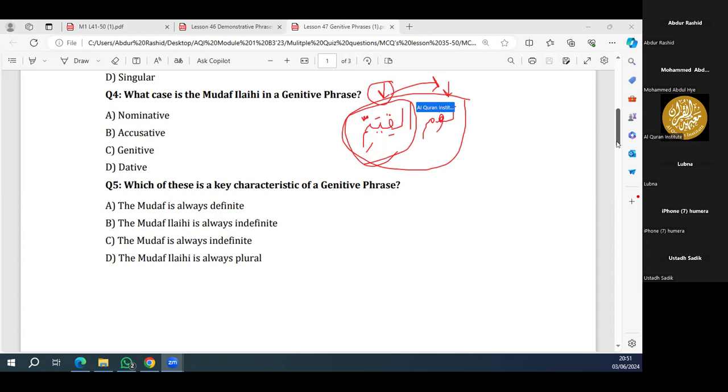But Yawma is not an indefinite noun here, am I right? For some other grammatical reason, it is Yawma here. So this is not definite. So that's why that indefinite, definite confusion might occur.